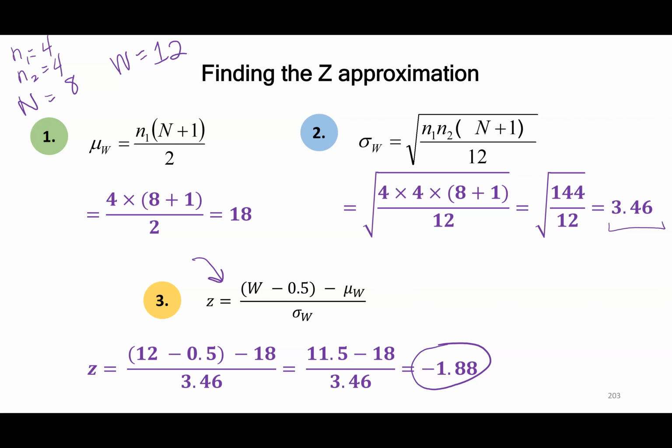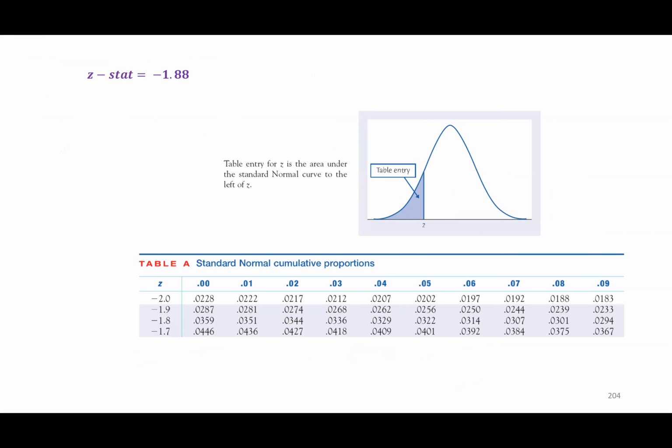In general, if you're looking at a z test statistic, it makes sense to round it to 2 places past the decimal, because if you're using a z table, that's how many places the z table goes out to. So if my z test statistic is negative 1.88, we want this area here to the left, that shaded area.